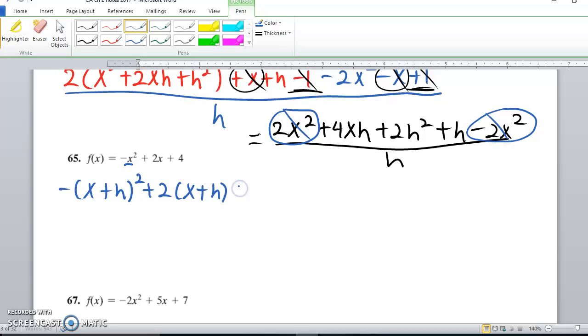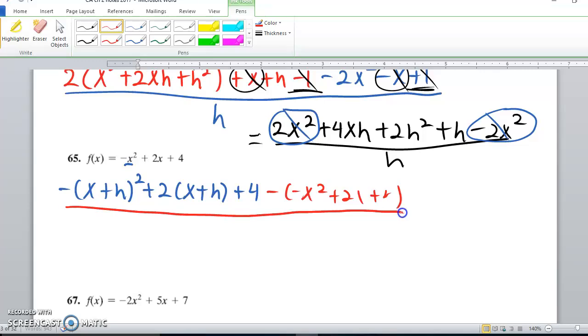Okay, then don't forget the plus 4. Then we're going to subtract that function. So here we go. And all divided by h.